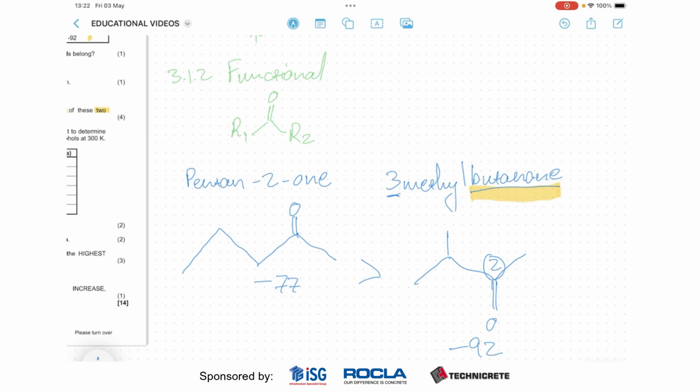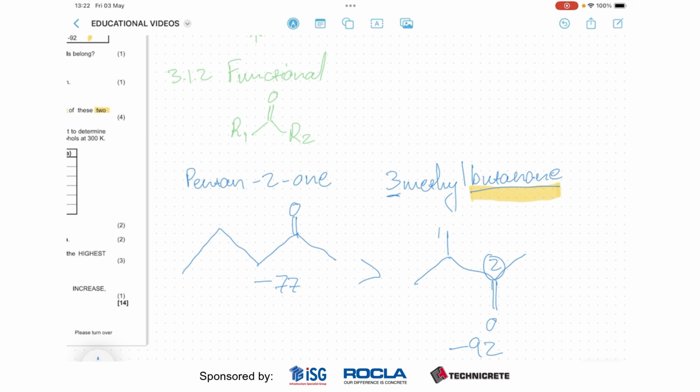Longer chains, branched chains, or anything like that basically cause a larger surface area over which the intermolecular forces act. So this one has a much lower melting point because the intermolecular forces are actually weaker.